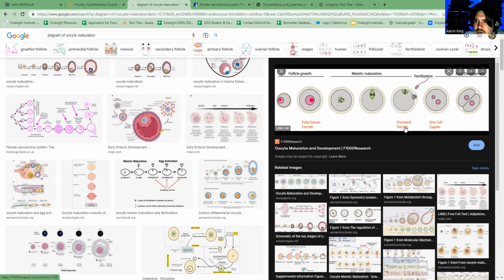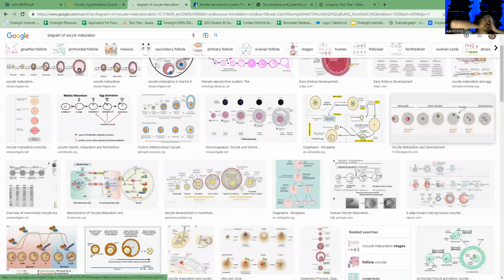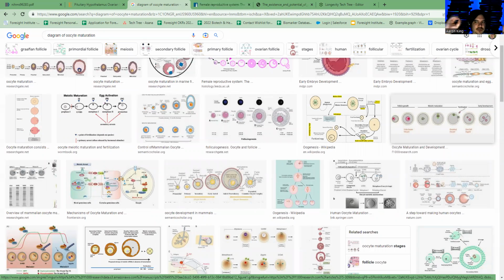One cell cycle, ovulated oocyte. Basically, what I'm trying to find is from fertilized egg going through to fertilized egg, the entire cycle between creation of a body and all that kind of stuff.